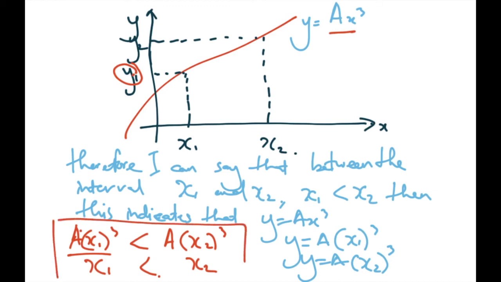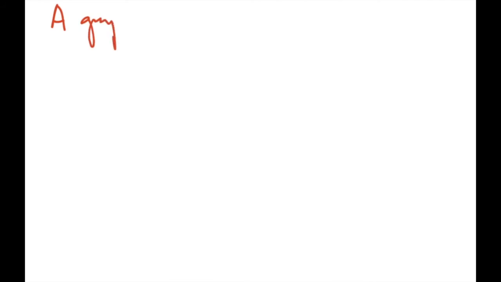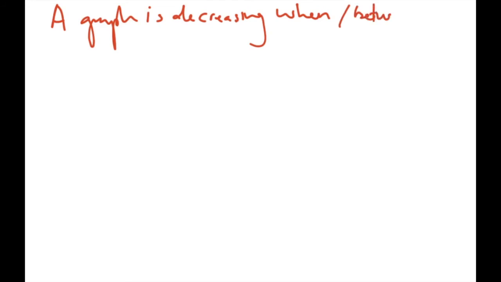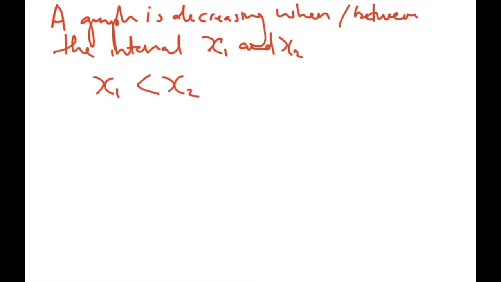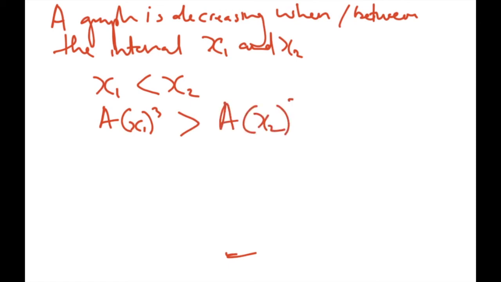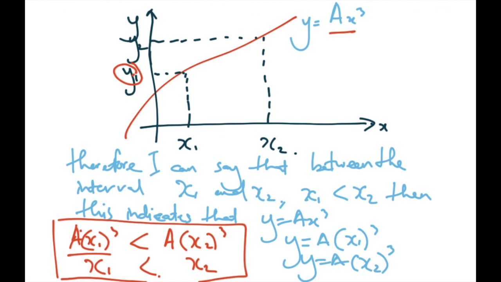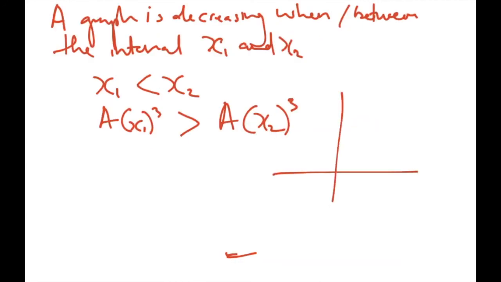So if this happens, then the graph is increasing, whereas a graph is decreasing between the interval x1 and x2, and again x1 is less than x2, but this time the corresponding y value, a x1 cubed, when I sub x1 into y, will be greater than a x2 cubed. So when I sub x1 inside, the value will be greater, so that will indicate a graph something like this.